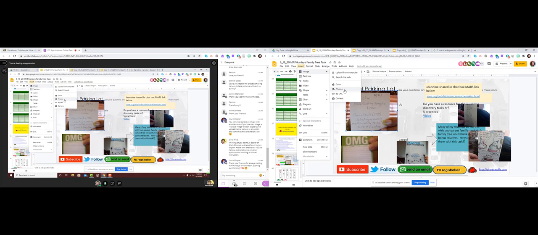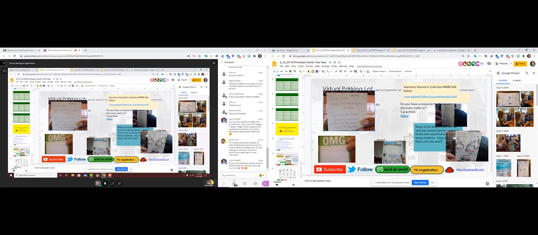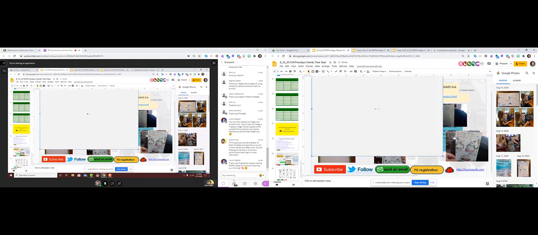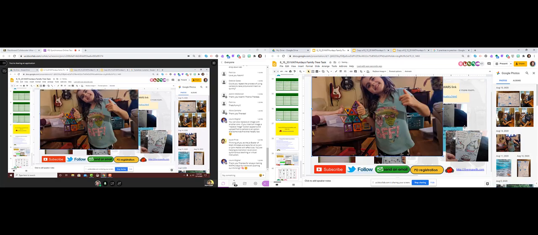So there's a couple different ways. If you have several images on your drive that you use, you could do that one. But the photos option brings up the photos from my camera. I got a couple of my crazy kiddos, and I can just bring them in right away, and it takes 2 seconds. It's nice and quick, so I use that as a teacher. You might also be aware that your entire camera stream would be on the side, so you want to make sure that what you have is appropriate, but that can be useful.